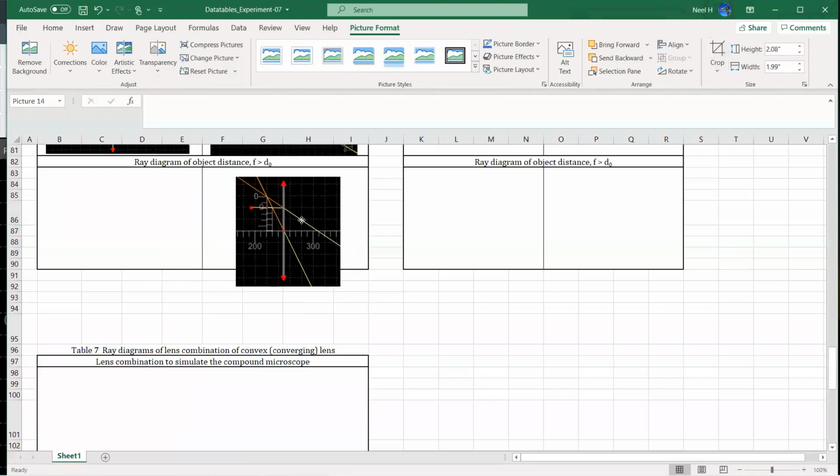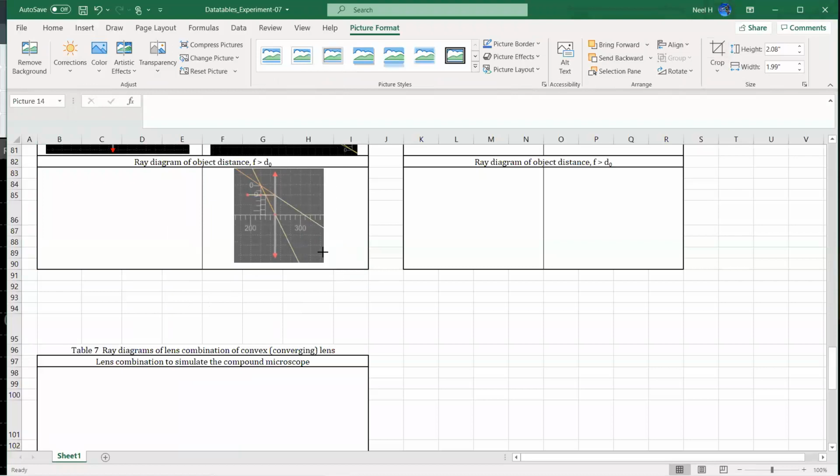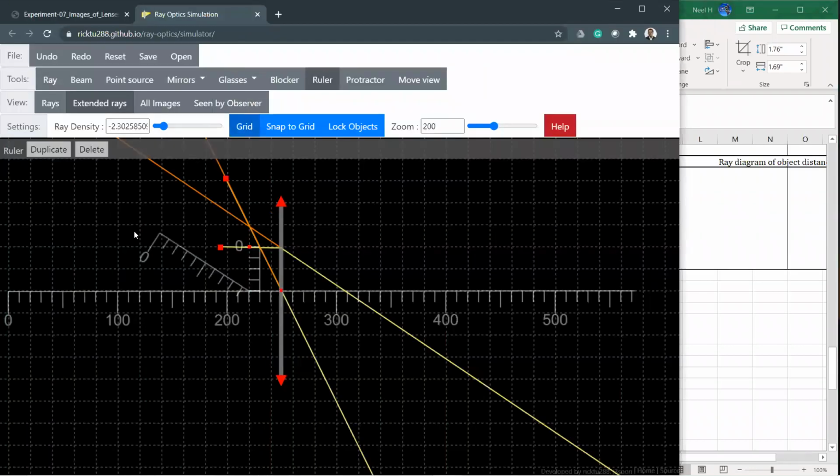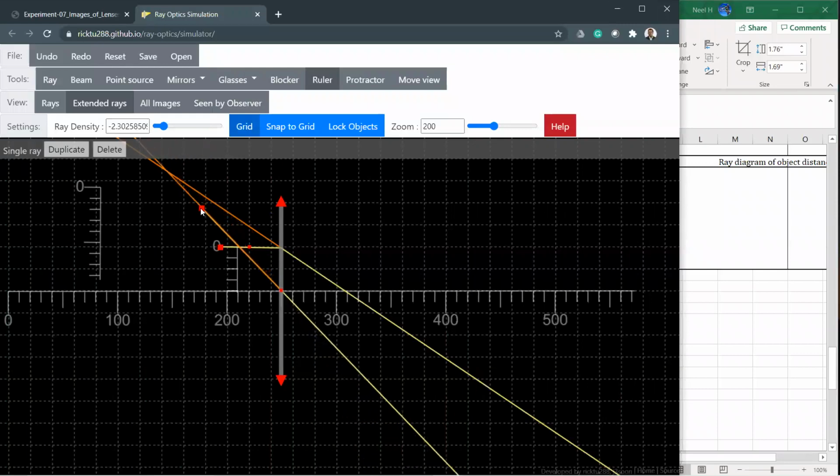I can just quickly redo that. Okay, let's quickly redo that. Previous one. It should be at the 4 centimeter location. Okay, so images. Do that very quickly.